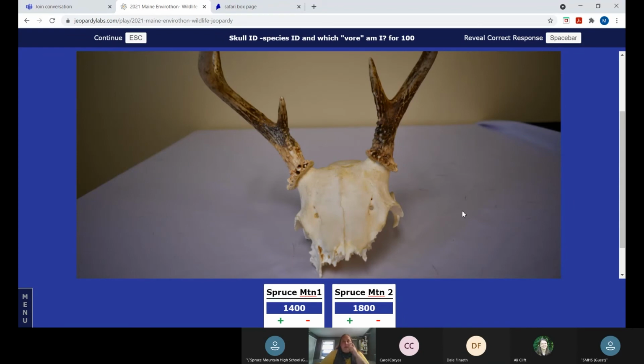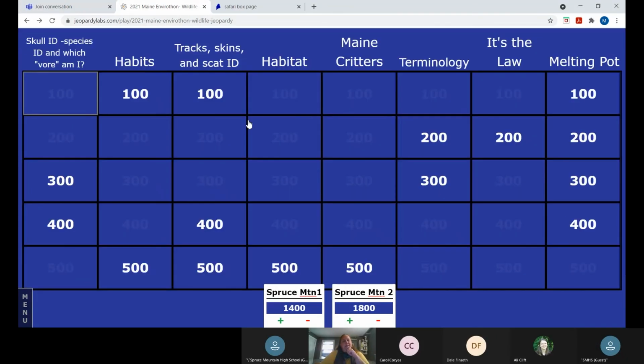As they're rubbing off the soft velvet material that has been growing on the antlers and exposing the harder surfaces, they leave behind those chemical messages for other deer in the neighborhood.